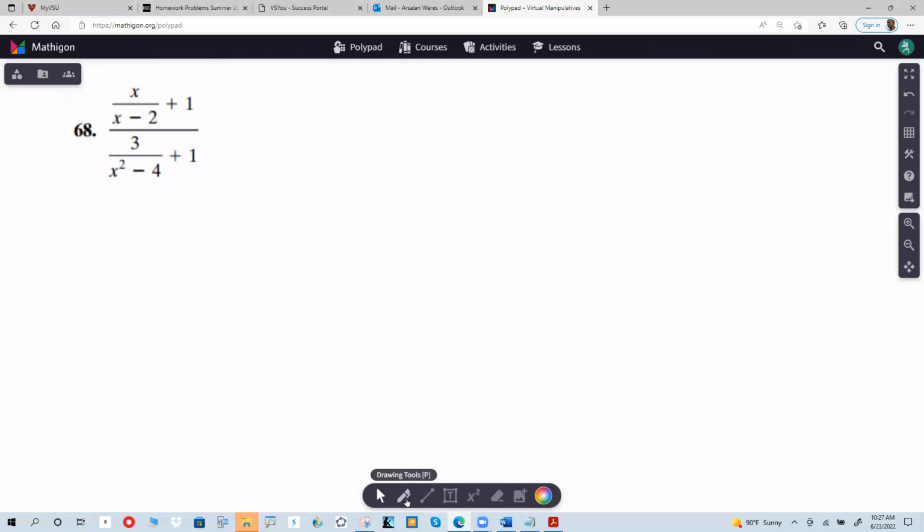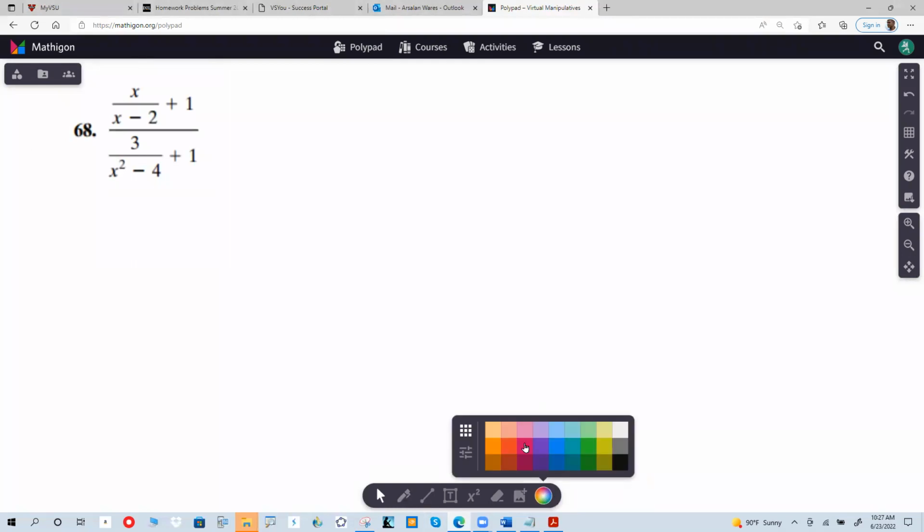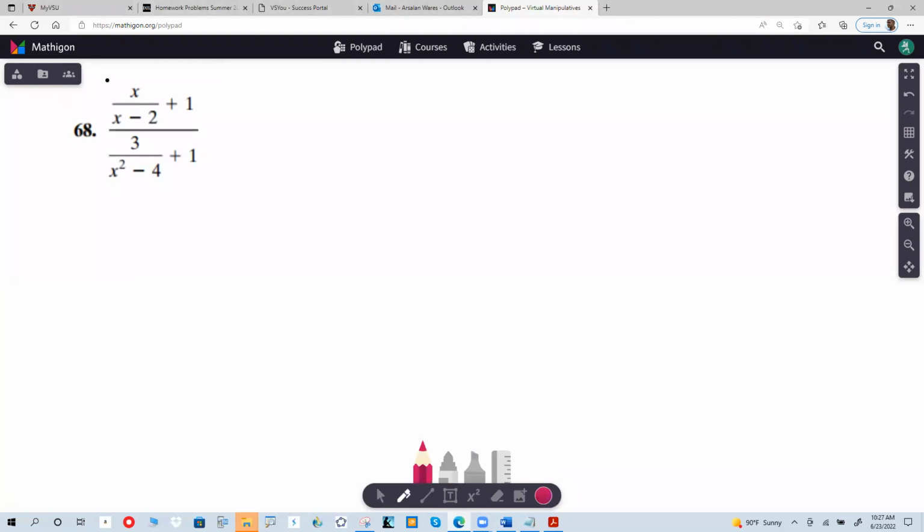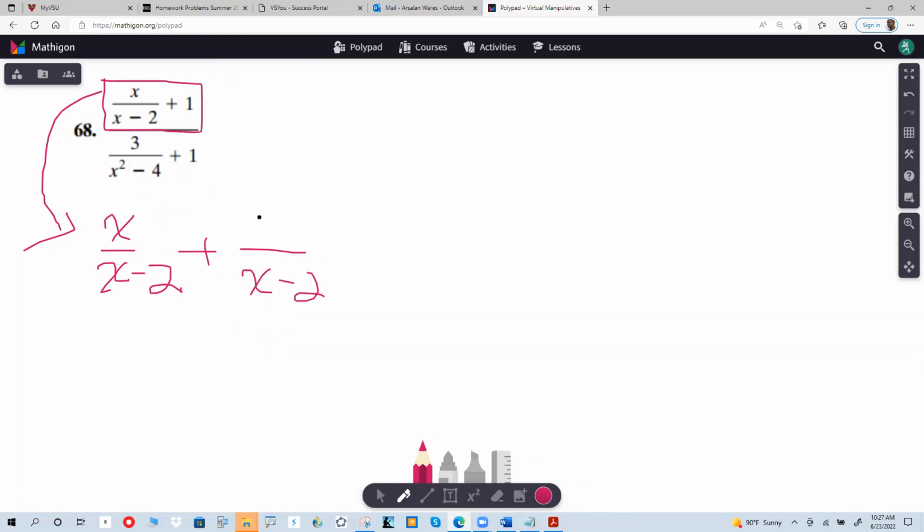So guys, this red stuff, I'm going to label it red. The top will be worked out here. So I have a fraction, x minus 2, and here I have 1. I want the same fraction. So instead of writing 1, I'm going to write x minus 2 over x minus 2. Why? Because whenever we are working with fractions, we want to have the same denominators.